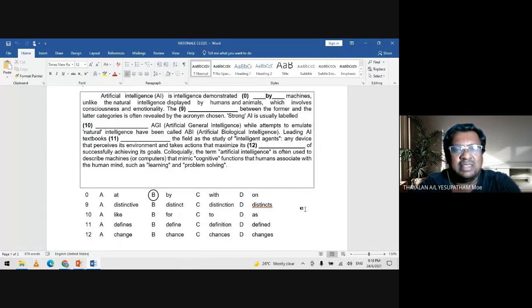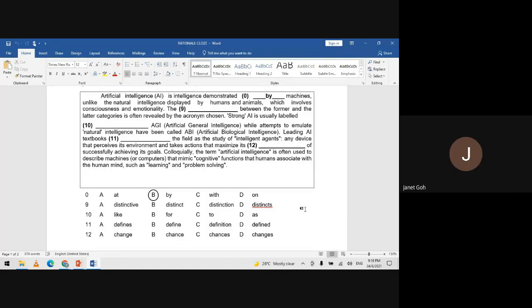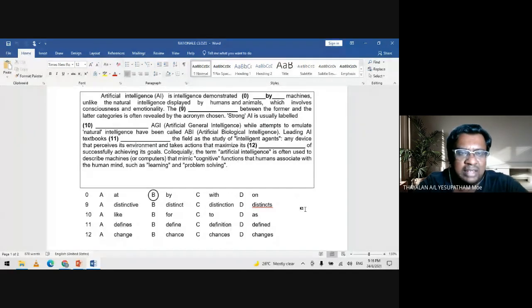Strong AI is usually labeled like 4 to S. S. Excellent. S. SAGI, artificial general intelligence, while attempts to emulate natural intelligence have been called ABI, artificial biological intelligence.